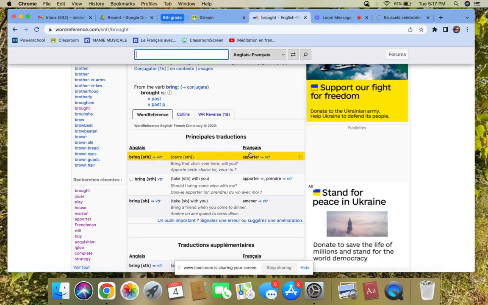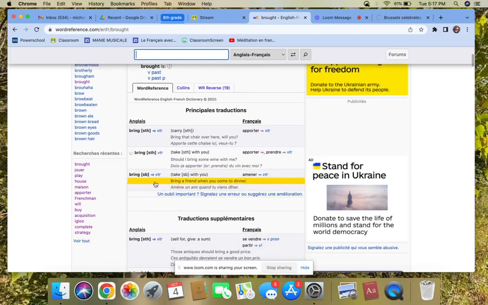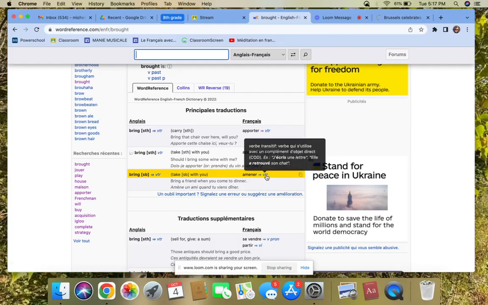Make sure you get the right word. Sometimes one word in English will have multiple words in French that go with it. For example, in French, to bring a thing, to carry something, is apporter. But if I'm bringing a person, like taking somebody with me on a trip, it's amener. So sometimes it's a completely different word. Conversely, sometimes you might have several words in English that are one word in French.